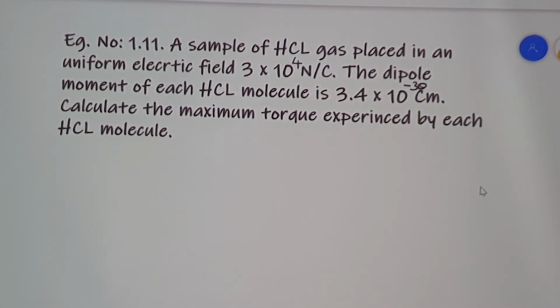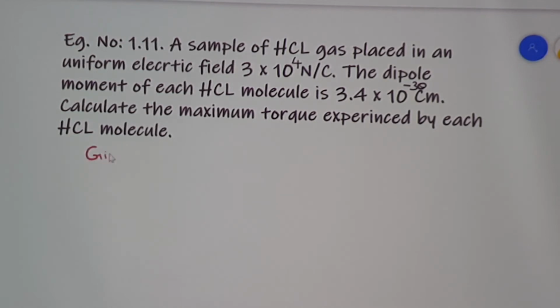A sample of HCl gas placed in an uniform electric field 3 into 10 to the power of 4 Newton per coulomb. The dipole moment of each HCl molecule is 3.4 into 10 to the power of minus 30 coulomb meter. Calculate the maximum torque experienced by the HCl molecule. So let us consider, first of all, the given data.